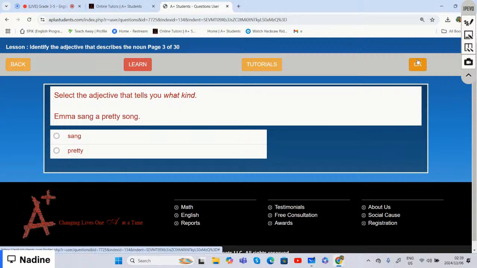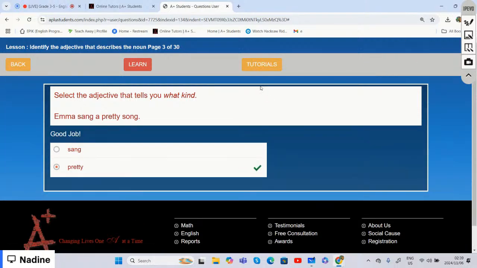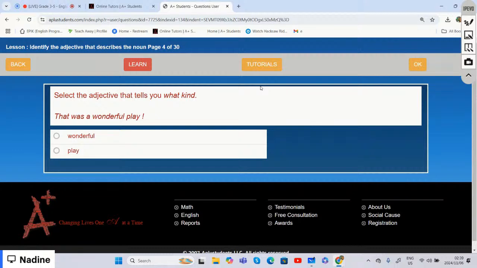Emma sang a pretty song. And if we were to choose the correct one, then yes, we will say pretty describes the song. So well done. Yes, option two is correct.